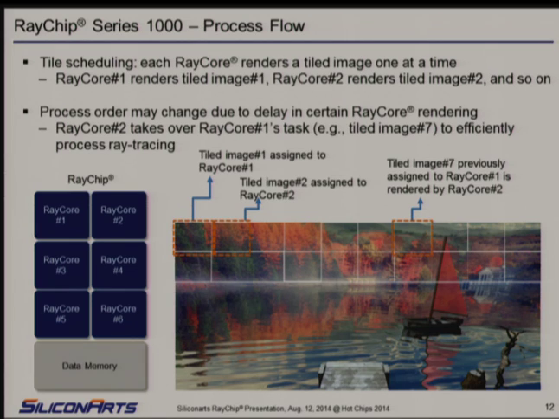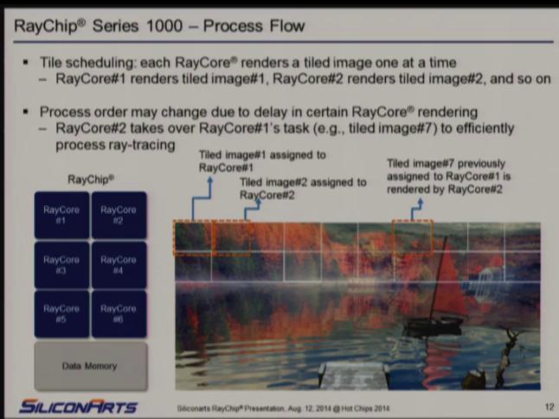RayChip is designed to achieve high performance and high scalability based on tile scheduling. Based on this mechanism, each RayCore GPU renders a tile block one at a time. For instance, RayCore number 1 renders tile block number 1, and RayCore number 2 renders tile block number 2, and so on.